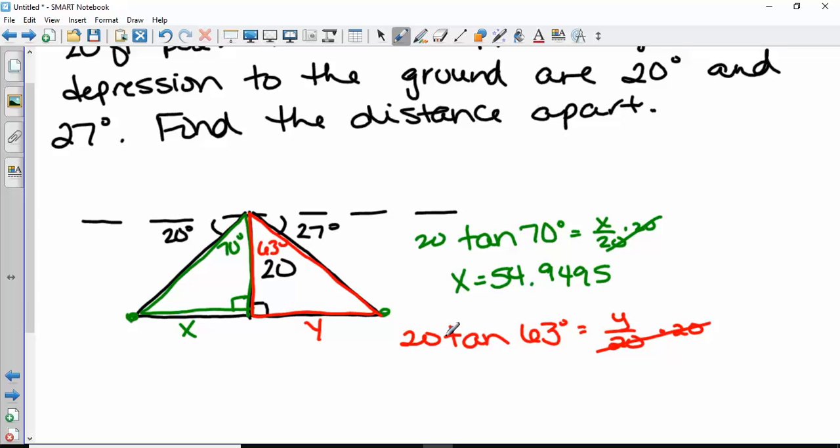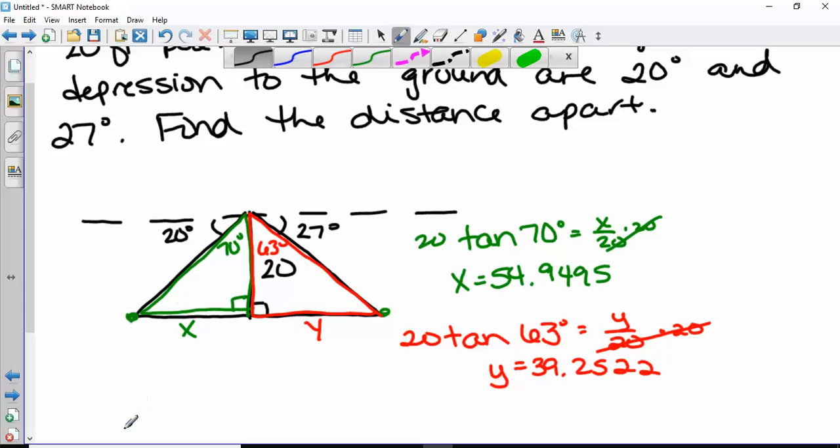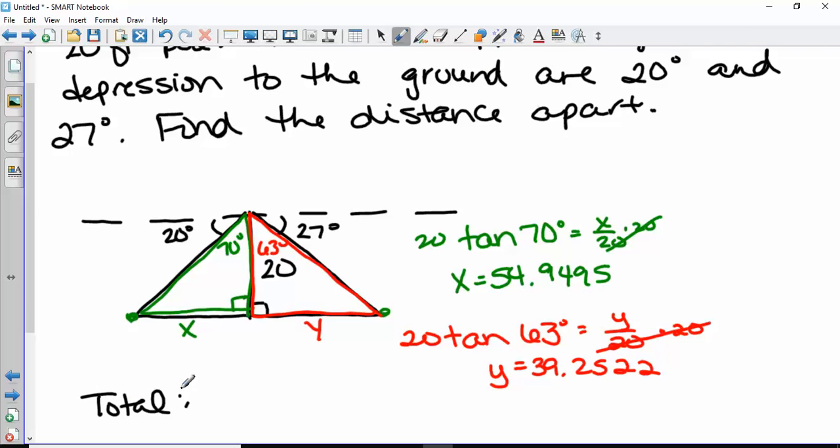Multiply over the 20. And then we need the total distance, so you just add those together. So we get about 94.2.